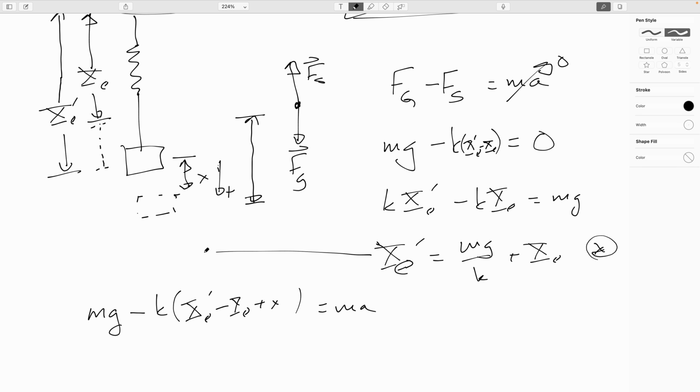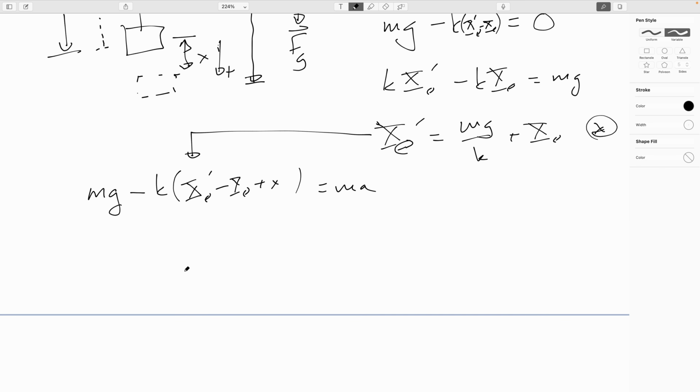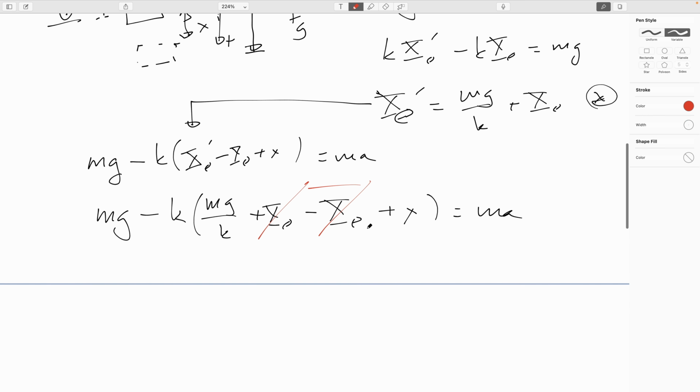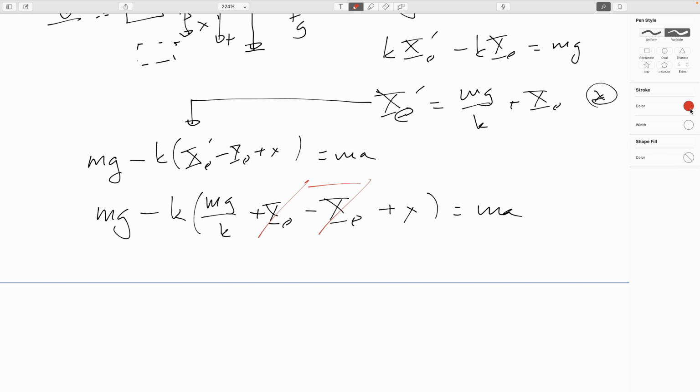But I can now take what my x equilibrium prime is and stick that in. So I'll have mg minus k times mg over k plus x equilibrium minus x equilibrium plus x equals ma. First off, those cancel. And then if I distribute the k through, what do I end up with?